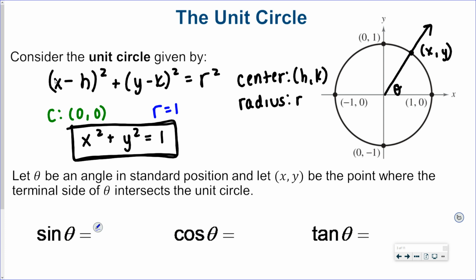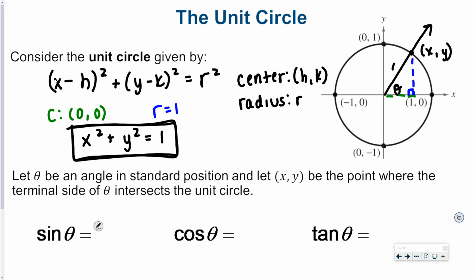I can draw a right triangle by dropping a perpendicular segment to the x-axis. Draw that in, and dash the side into the right triangle. Since this is a unit circle with a radius of 1, this length, the hypotenuse, is 1.